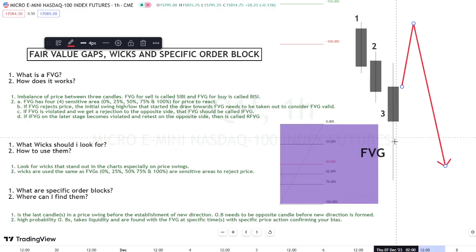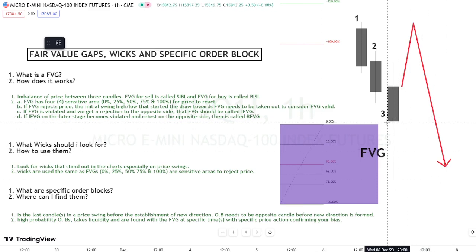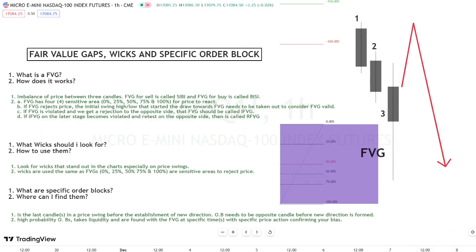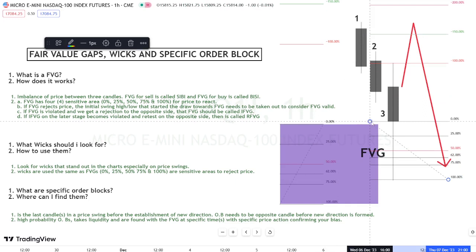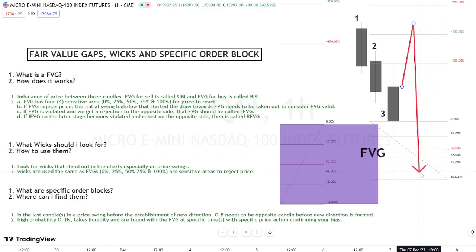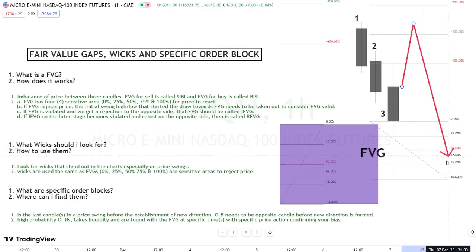It means you measure 25% of the whole thing. Okay, let's take it from this area. This wick you measure from 25%. The price will react maybe from 25% and bounce off, 50% bounce off, 75% bounce off.